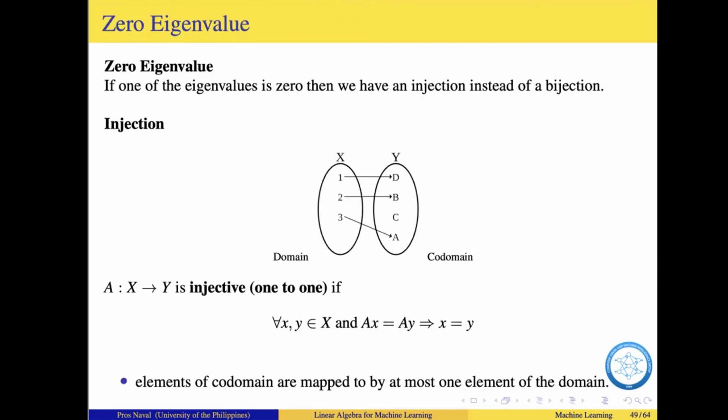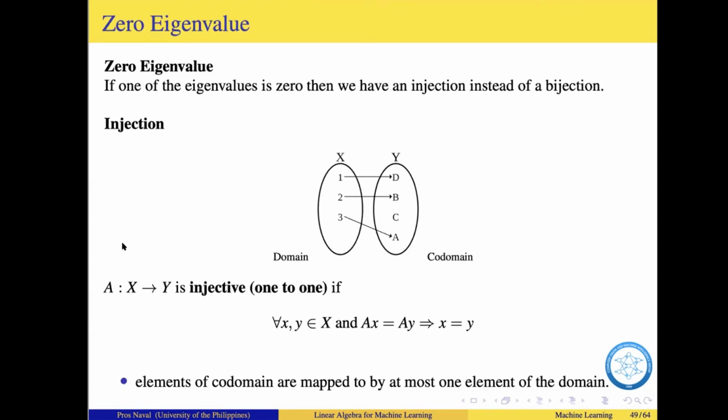What if the eigenvalue is 0? If one of the eigenvalues is 0, then we have an injection instead of a bijection. So what is an injection? It's the following.